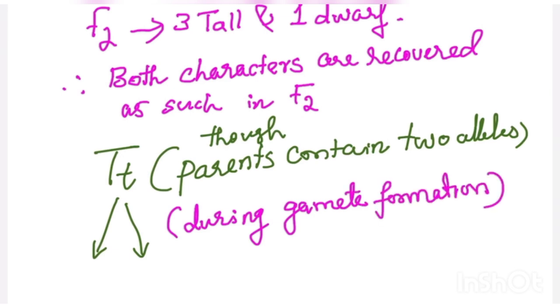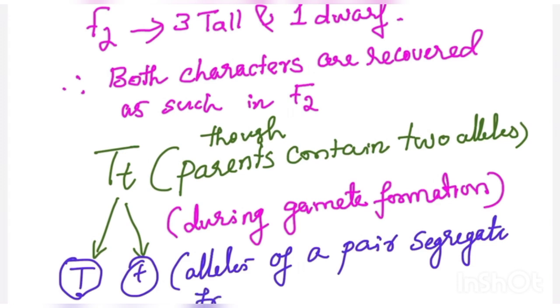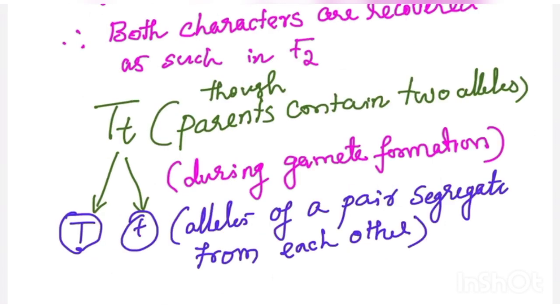So even though parents contain capital T small t, gametes contain either capital T or small t. There will be two types of gametes: one contains capital T, another contains small t. So there is no blending or mixing. We can repeat that though parents contain two alleles, during gamete formation the alleles of a pair segregate from each other. Therefore, a gamete receives only one of the two factors.